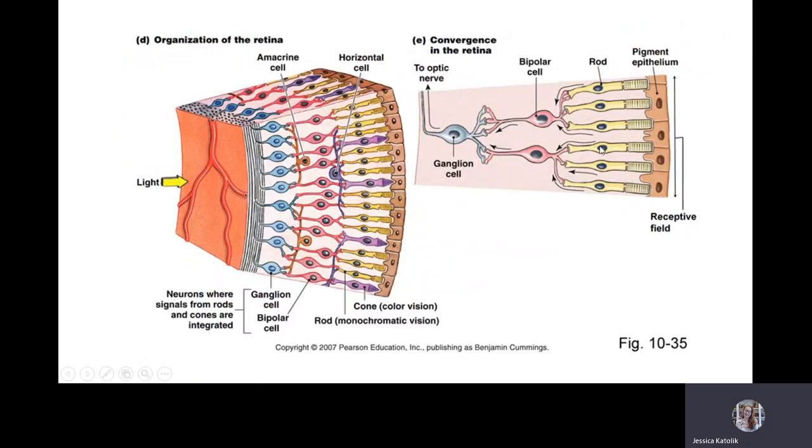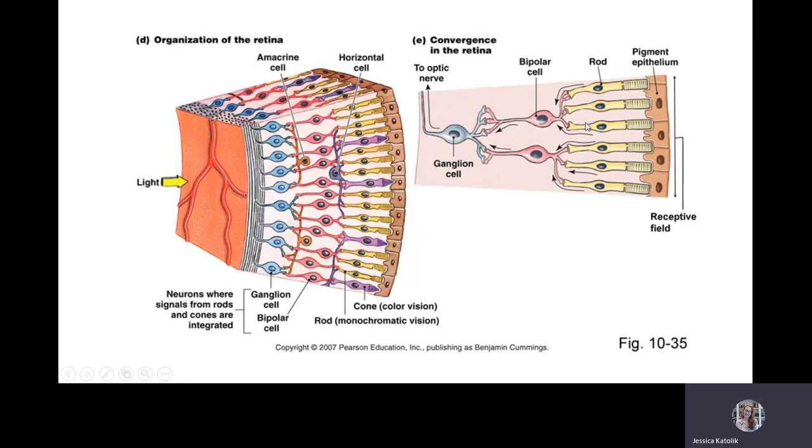The rods are a type of photoreceptor or light receptor that are located in the retina. And these rods are responsible for seeing in the dark and for seeing motion, and they lack the ability to see color. There is a different type of photoreceptor called cones that have the capability of detecting color.